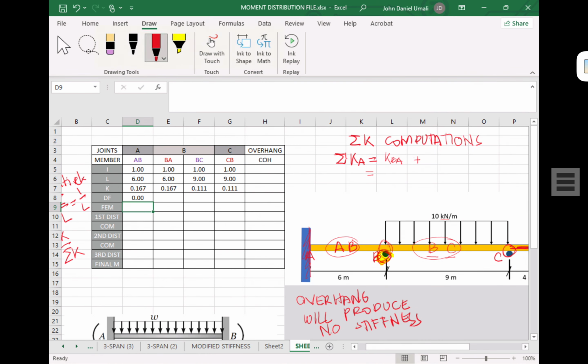So that is KBA plus KBC plus roller. KBA is 0.167. Plus KBC 0.111. Plus yung roller is 0. So we can do that easily.